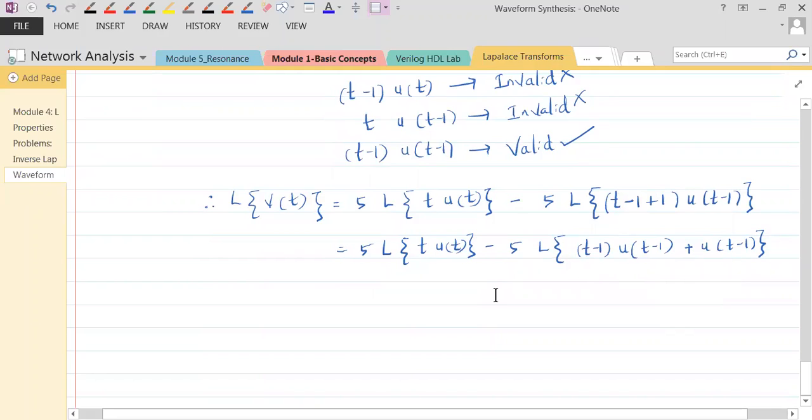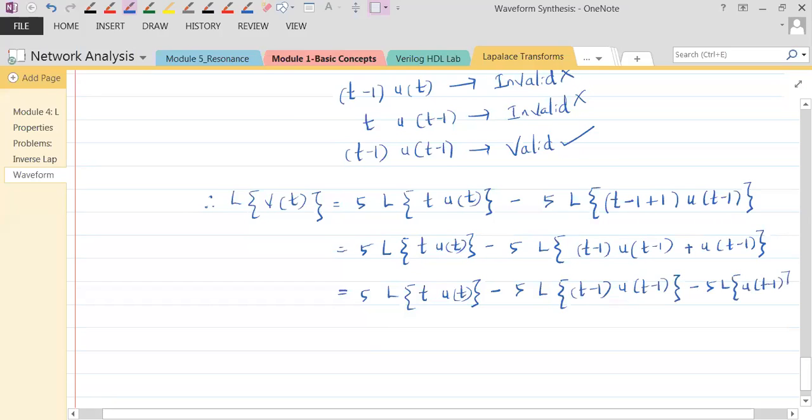Okay, so how we can further rearrange this is this. This is equal to 5 into Laplace transform of t into u of t, minus 5 into Laplace transform of t minus 1 into u of t minus 1, minus 5 into Laplace transform of u of t minus 1. This is by the linearity property. You have two signals here and the Laplace transform can be applied like this.